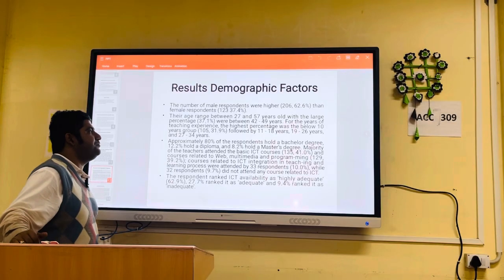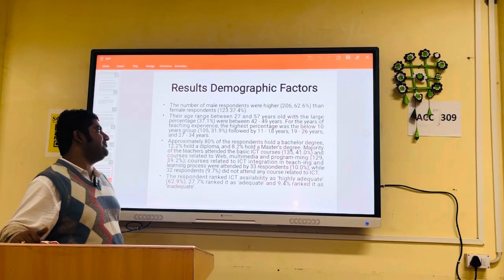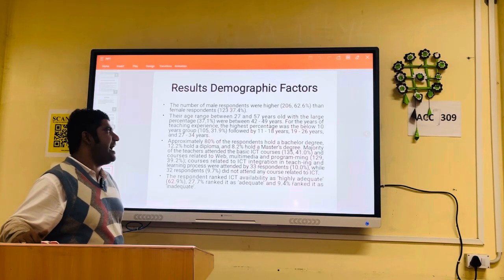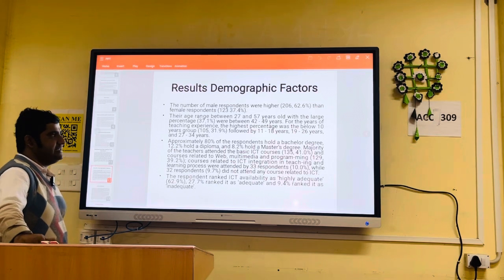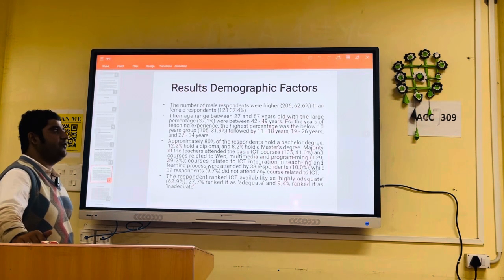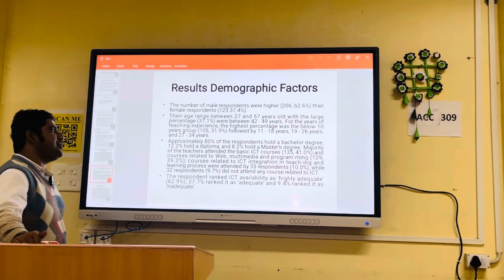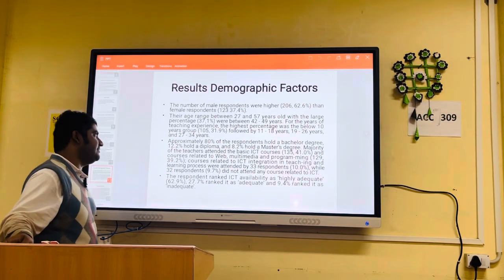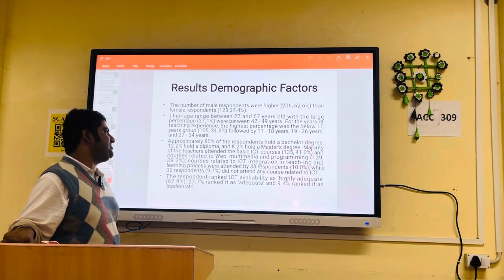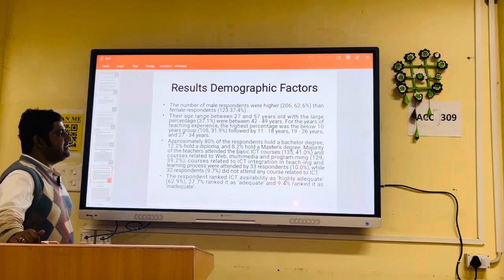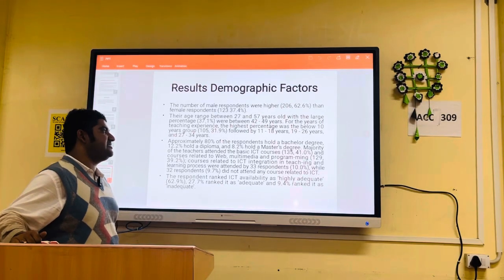Result. Demographic factors. The number of male respondents was higher than the female respondents. Their ages ranged between 27 and 57 years, with the largest percentage between 42 and 49 years. For the years of teaching experience, the highest percentage was in the below 10 years group, followed by 11 to 18, 19 to 26 years and 27 to 34 years. Approximately 80% of the respondents hold a bachelor degree, 12.2% hold a diploma and 8.2% hold a master degree.